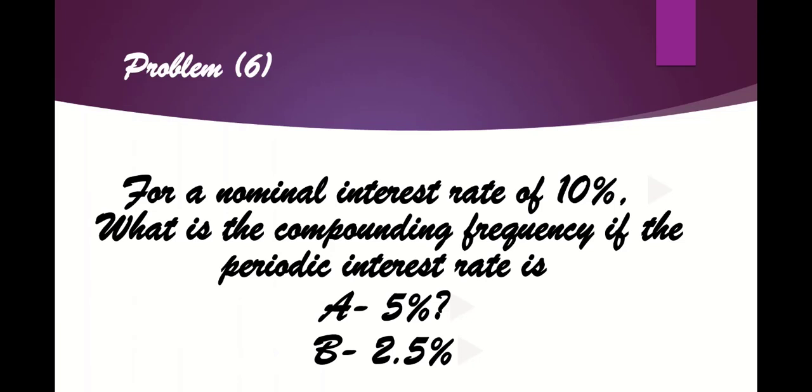So the unknown here is M. From the formula, I equals J over M, to calculate M will be equal to J over I. In this example, J will be equal to 10%. And for A, I will be equal to 5. And for B, I will be equal to 2.5%.